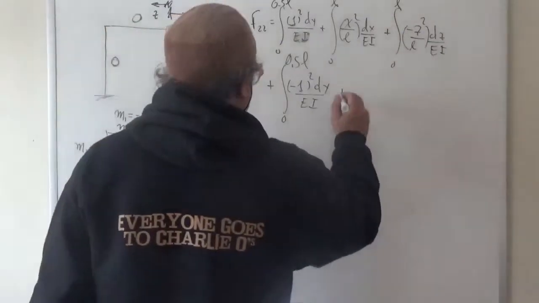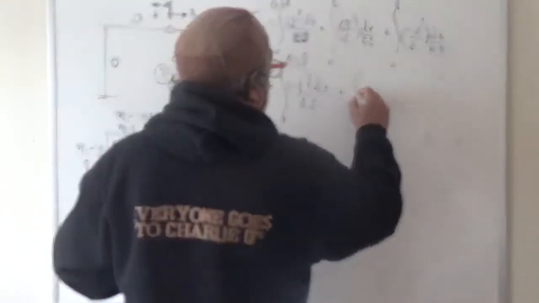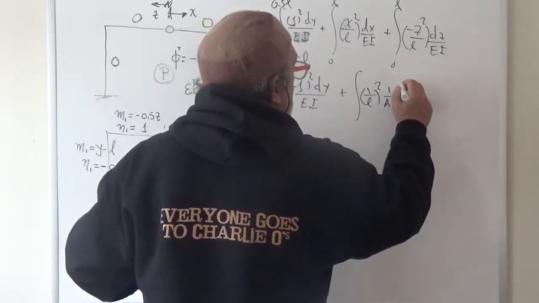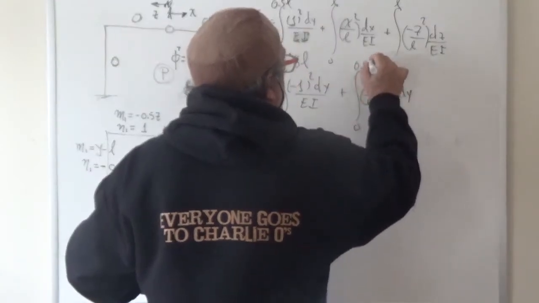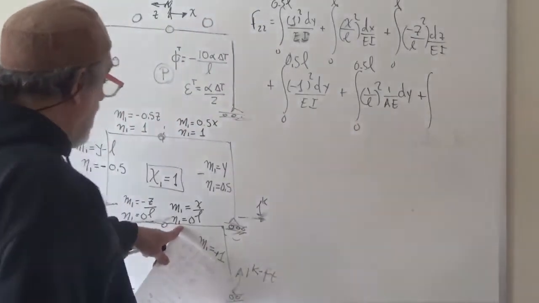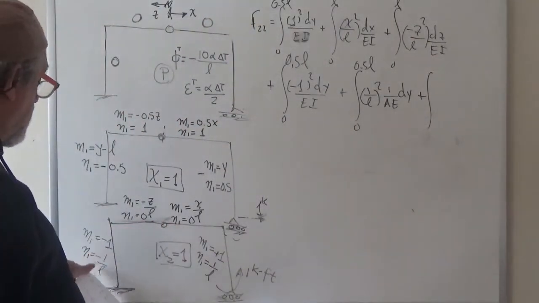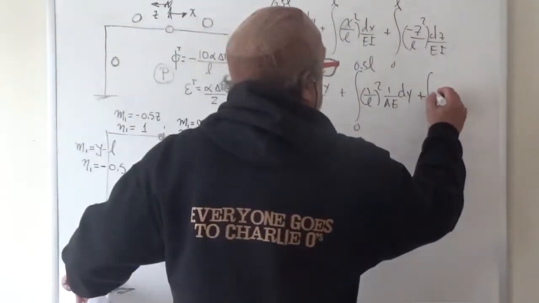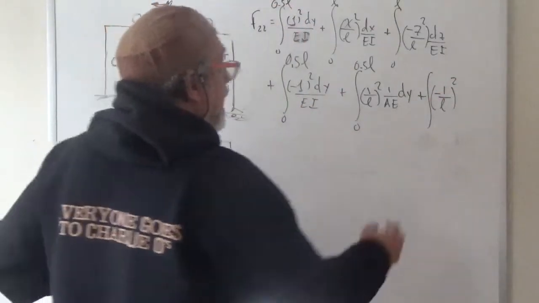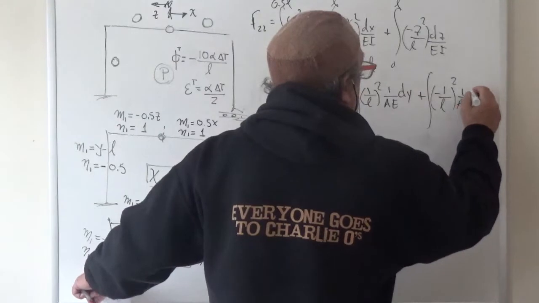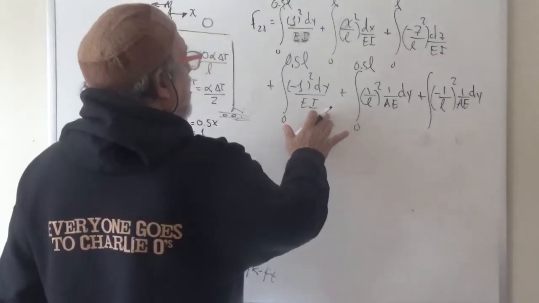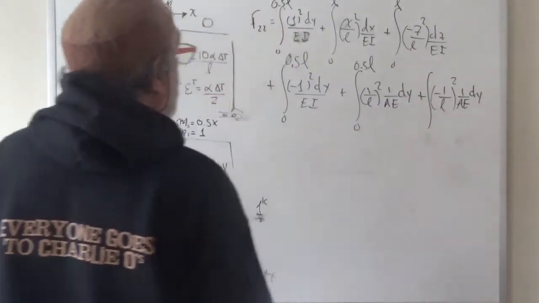Now we go with the axials. Integral of 1 over L squared over AE dy from 0 to 0.5 L, plus the integral of 0, plus the integral of 0, plus the integral of minus 1 over L squared times 1 over AE dy. Now why do I have the, oh, because this was the last bending term, right? This is axial, okay. So that's it.